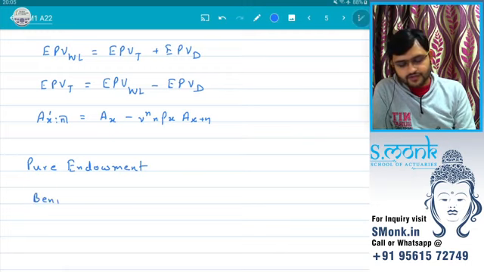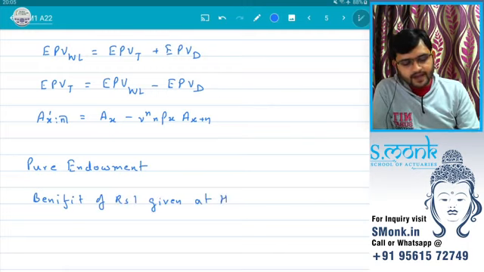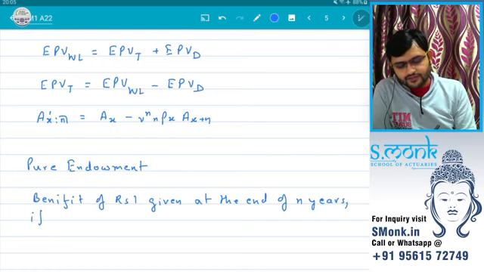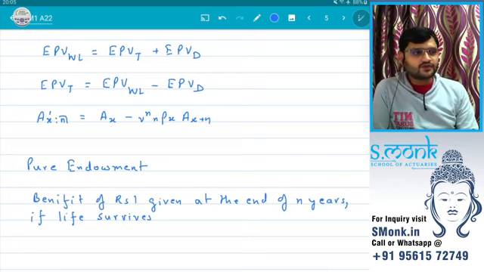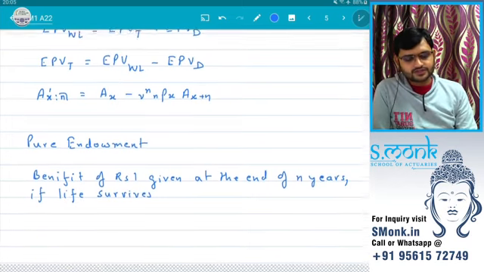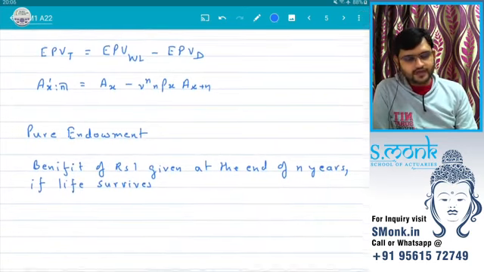So we'll say benefit of rupees 1 given at the end of n years if the policyholder or the life survives. So if the life survives, only then the payment occurs, and that too at the end of n years.